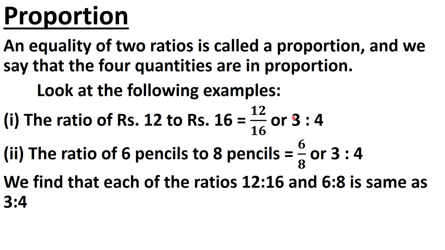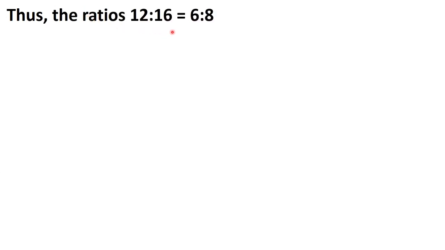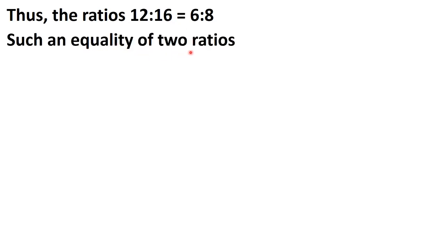See, in both cases the ratio is 3:4 after converting into simplest form. Thus, the ratio 12:16 is equal to 6:8. Such an equality of two ratios is called a proportion.